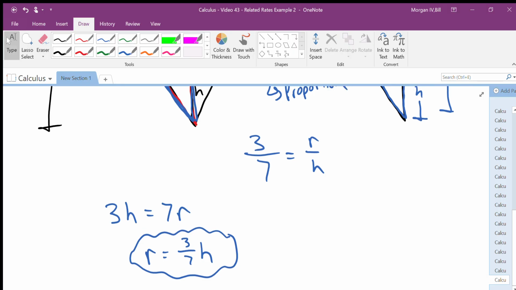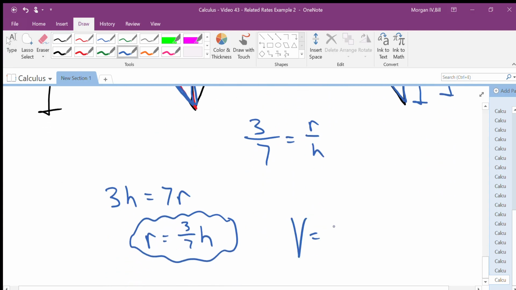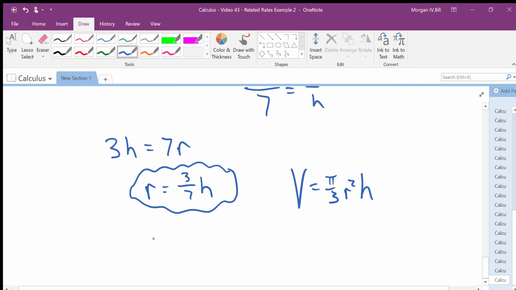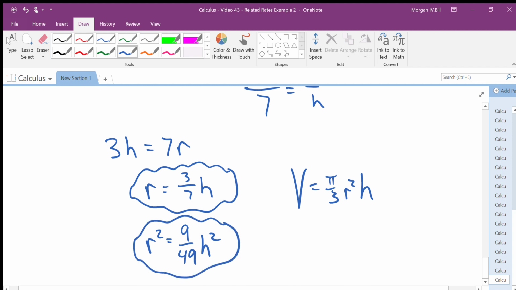Actually, in the volume equation, V is equal to pi over 3 r squared h. I actually need an r squared, not just an r. So r squared, squaring both sides here, is 9/49 h squared. So I'm going to sub 9/49 h squared into the r squared.